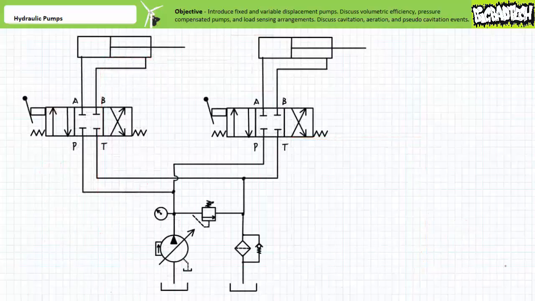Another application befitting a pressure-compensated variable displacement pump is that of our earlier example of directional control valves and actuators in parallel with one another that must be actuated independently from one another. When both directional control valves are in the closed center position, pressure quickly rises to the compensator setting and the pump destrokes to 0 gallons per minute, thereby saving the pressure relief valve the responsibility of relieving pressure.